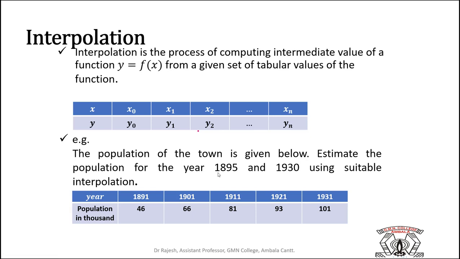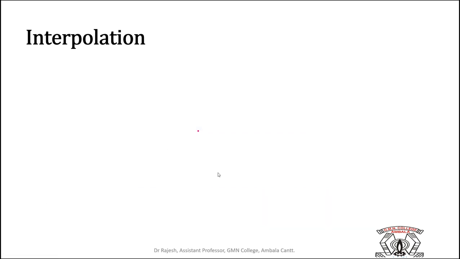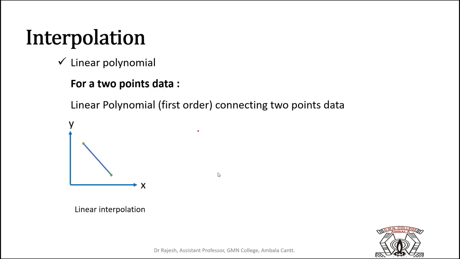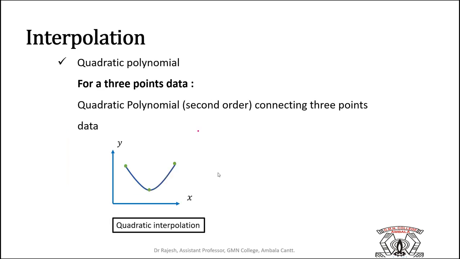Then we studied the types of interpolations. First was linear interpolation. When 2 data points are given, then a linear polynomial could fit into it. Then we studied the quadratic interpolation. If 3 data points are given, then a quadratic polynomial connecting these 3 points could fit into it.